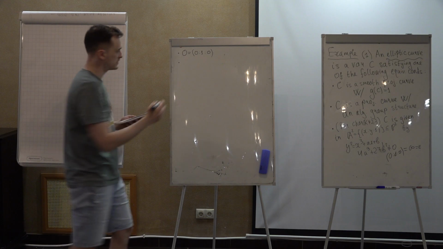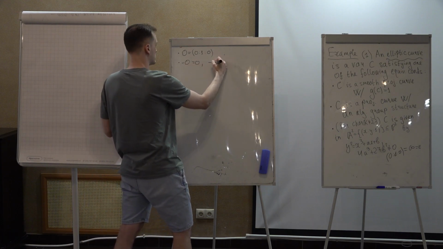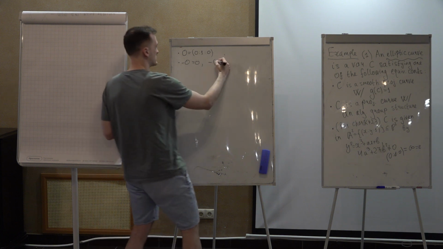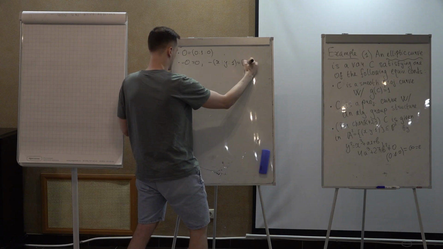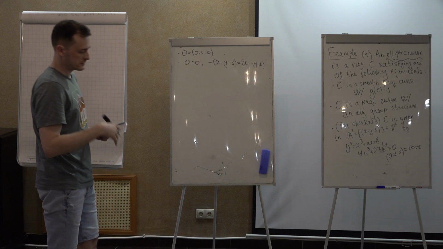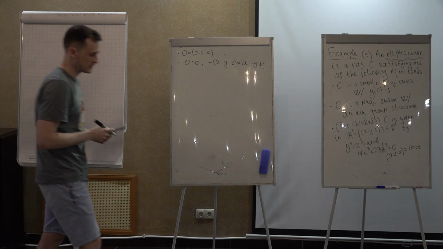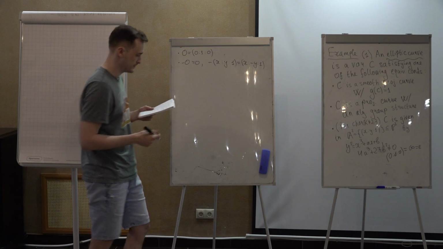The inversion here: minus 0 is of course 0, and minus a point in the affine part, (x, y), is (x, minus y). So it's a reflection with respect to the x-axis, right?